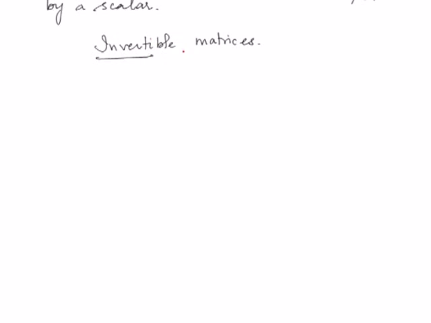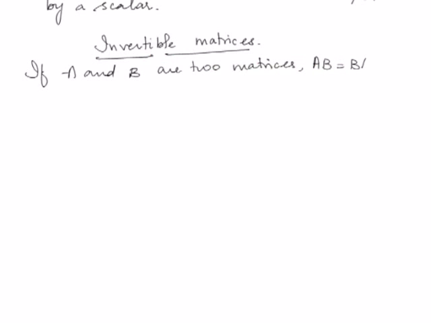If A and B are 2 matrices and if AB is equal to BA is equal to I, then B is called the inverse of A, and we write it as B is equal to A inverse.